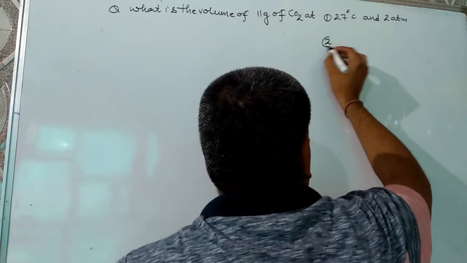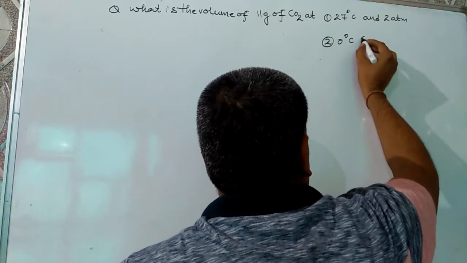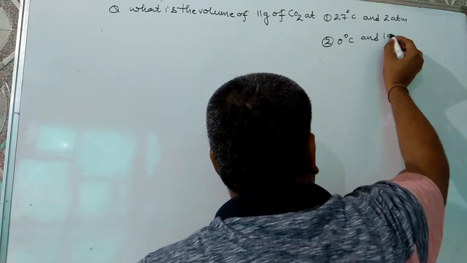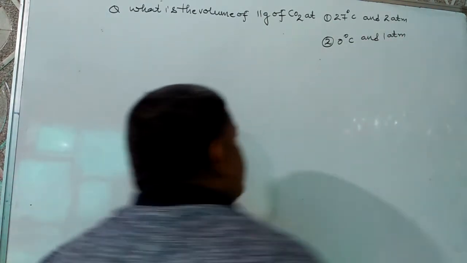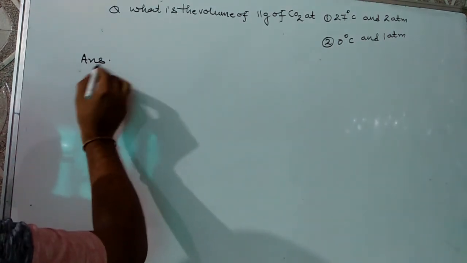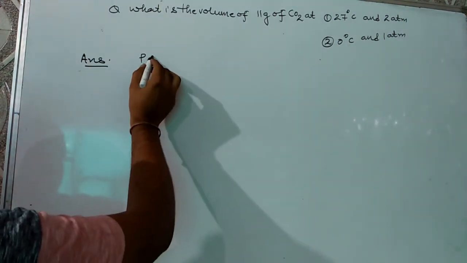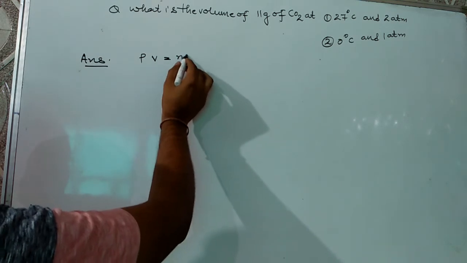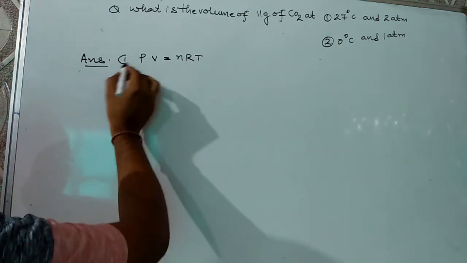The second case is 0 degrees centigrade and 1 atmosphere. So here we can apply the equation PV = nRT in the first case.